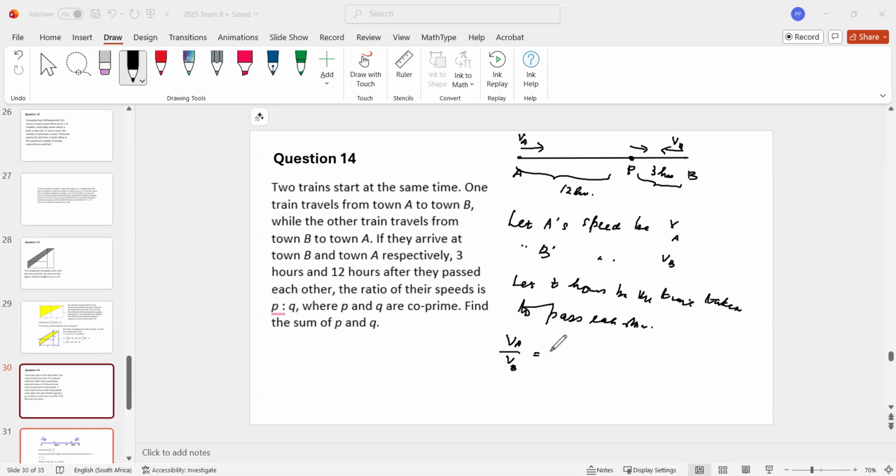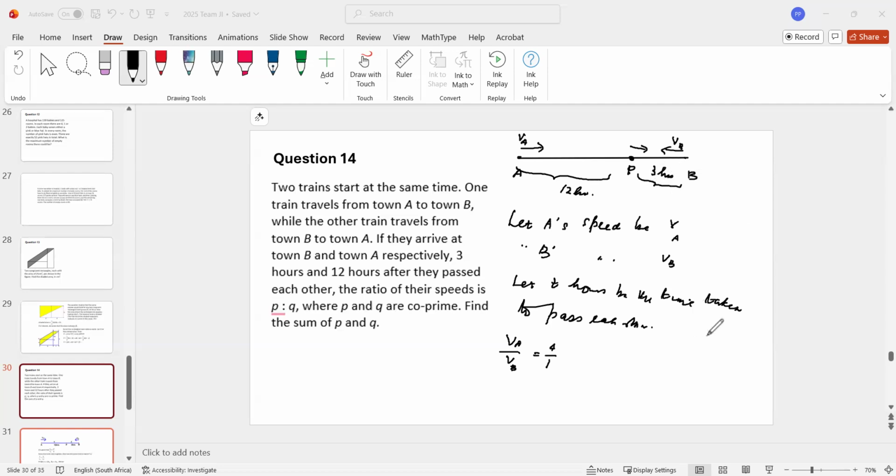So this is 4, 4/1. So at the time of passing, speed is equal to distance times time. I'm sorry, distance is equal to speed times time.